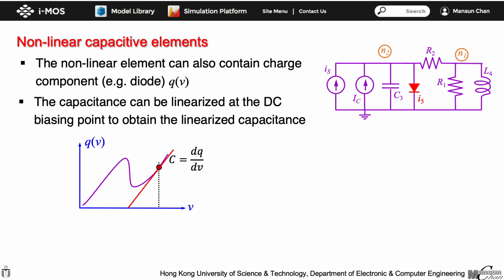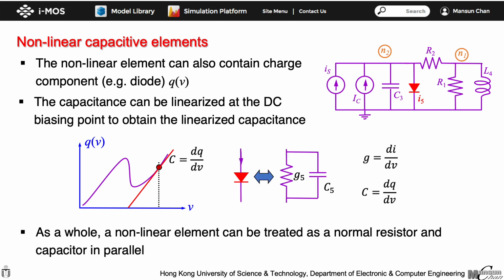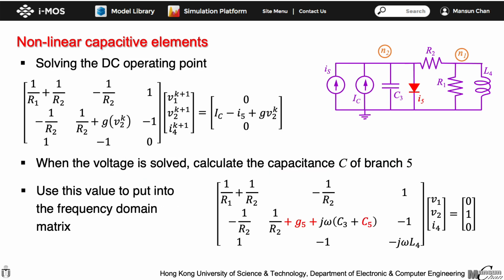And a nonlinear element can be considered as a linear combination of a resistor and a capacitor in parallel. Without repeating the details, the procedure for frequency domain simulation is similar to what has been done before.